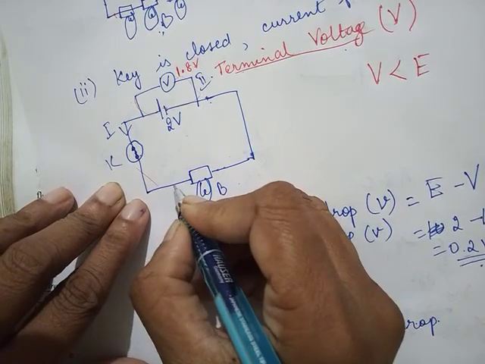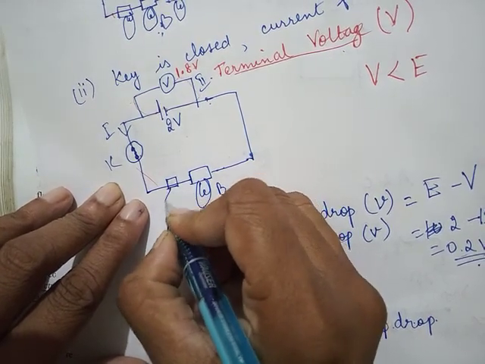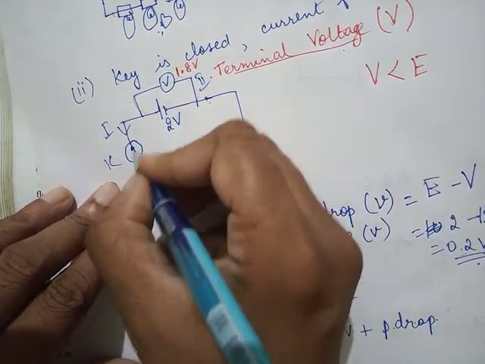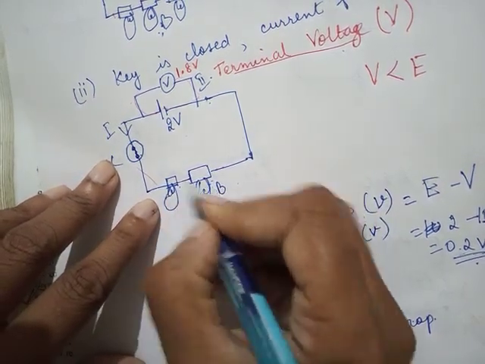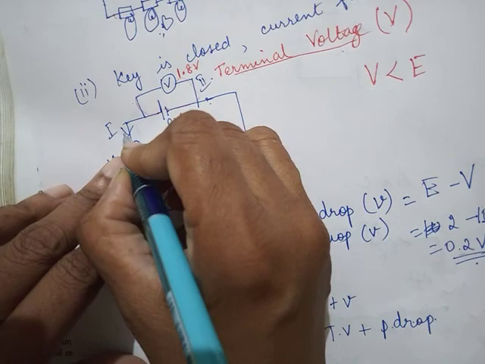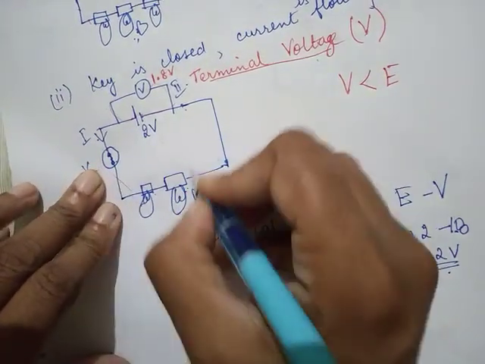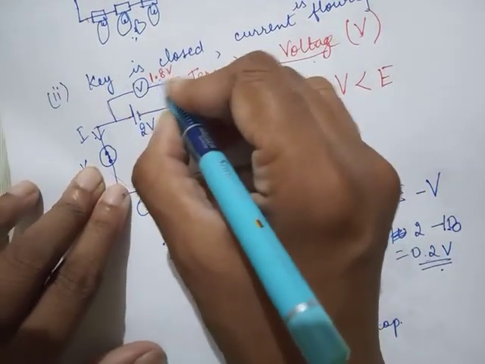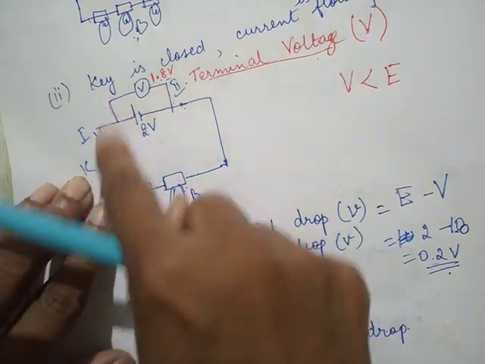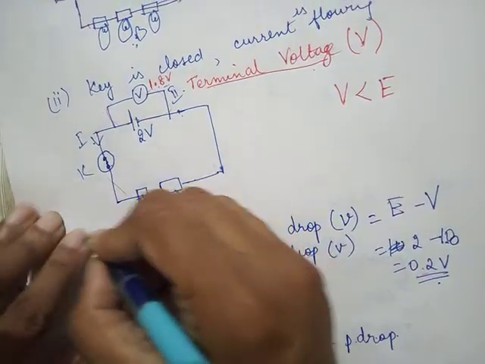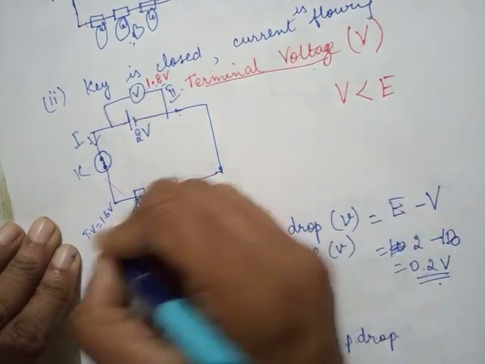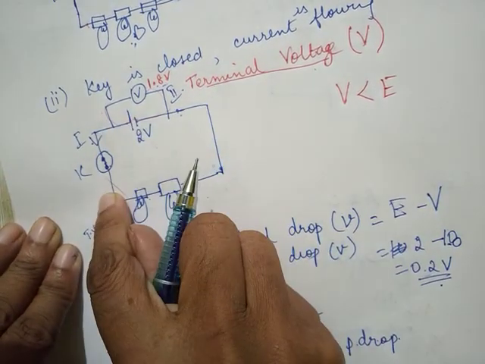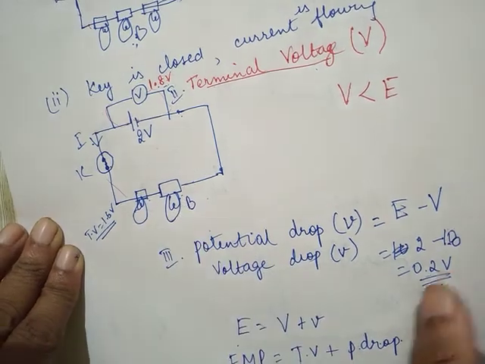Whereas in this case, if I connect another bulb here, what will happen? The current will reduce because 2 loads are there, so this current will decrease. Its terminal voltage was 1.8 before. Now when I put one more load, its terminal voltage would maybe have become 1.6 volts, because the current has decreased and terminal voltage will also decrease further.